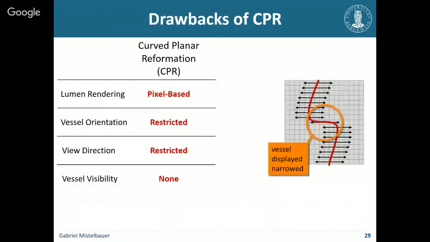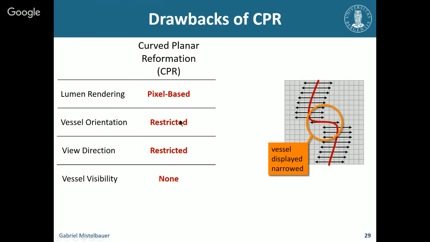However, we still have a couple of problems with this basic CPR technique. On the one hand, it's pixel-based, meaning we're always sampling along scan lines, which means if we have a blood vessel as shown here on the right, the lumen will be displayed as narrowed, even though the vessel is not really narrowed.